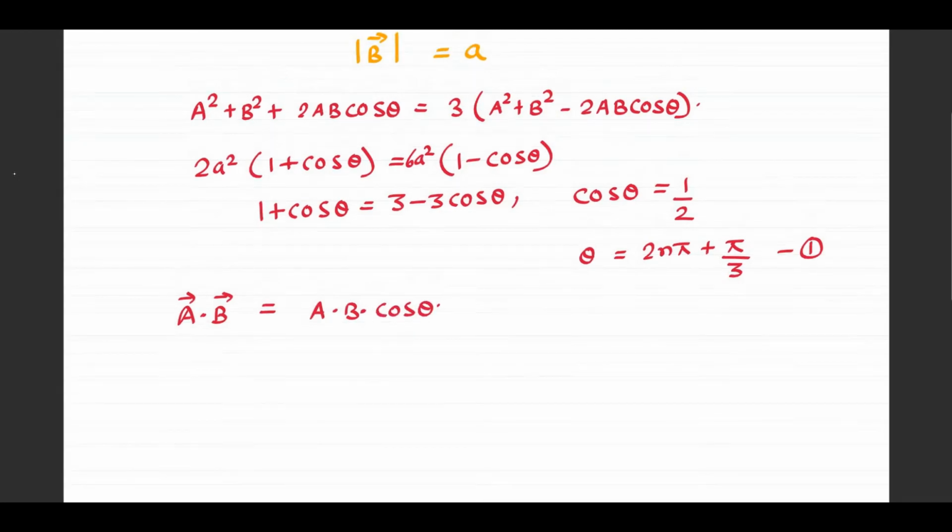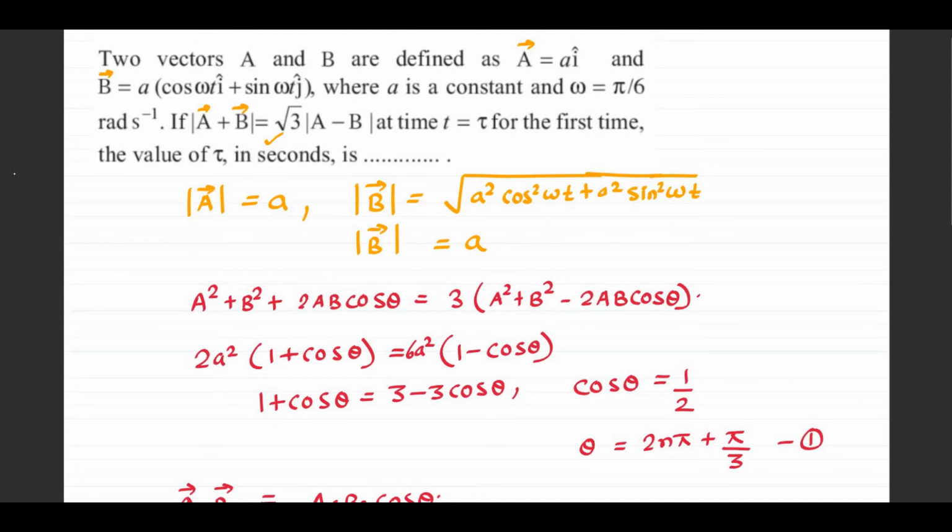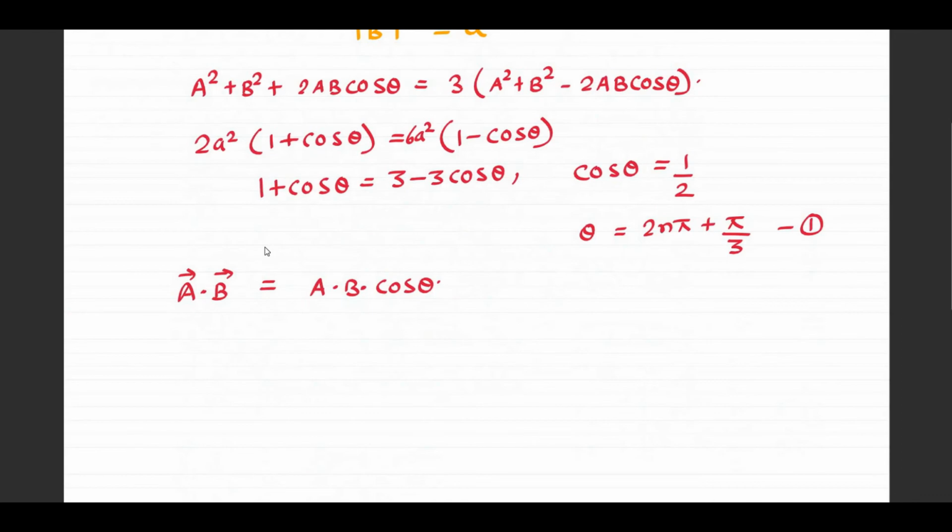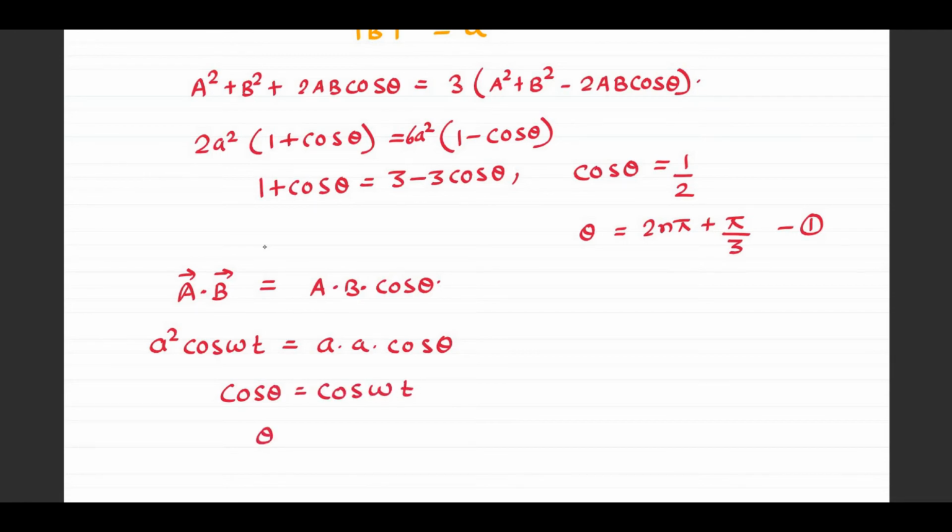So this will become, if you do a dot b, then i cap will multiply with j cap. So can I say it will be, this gives us cos theta is equal to cos omega t. So theta is equal to omega t.